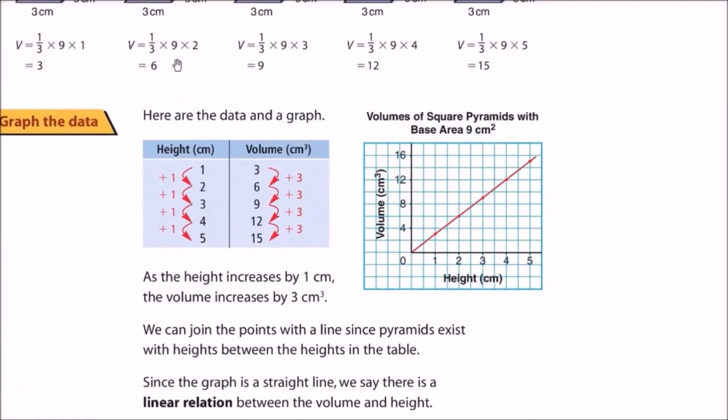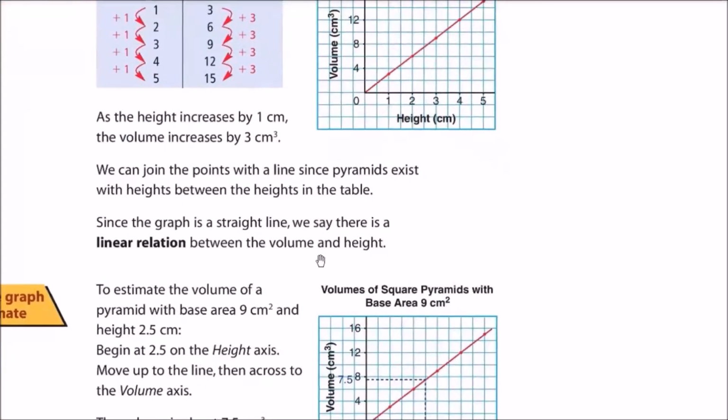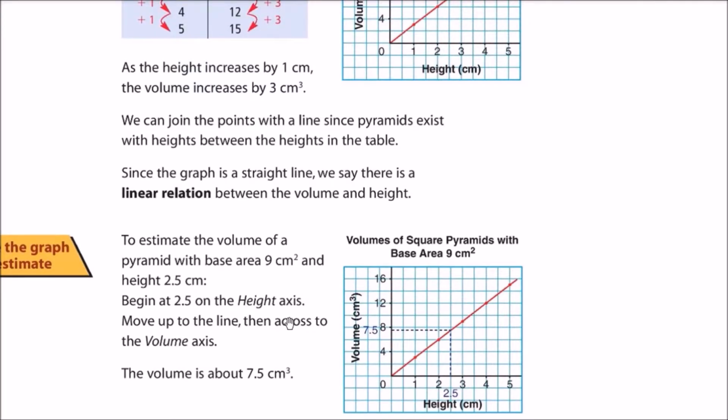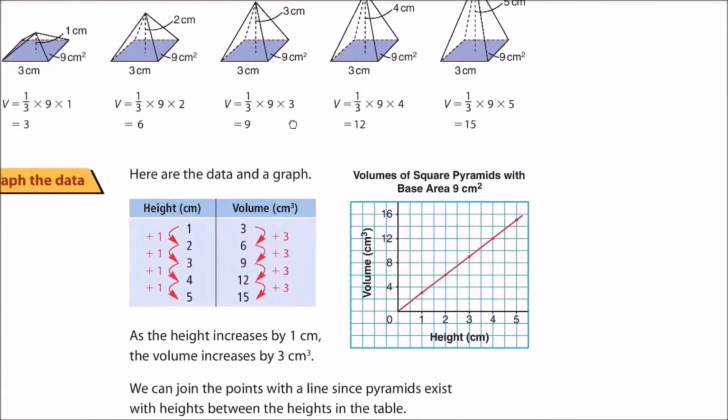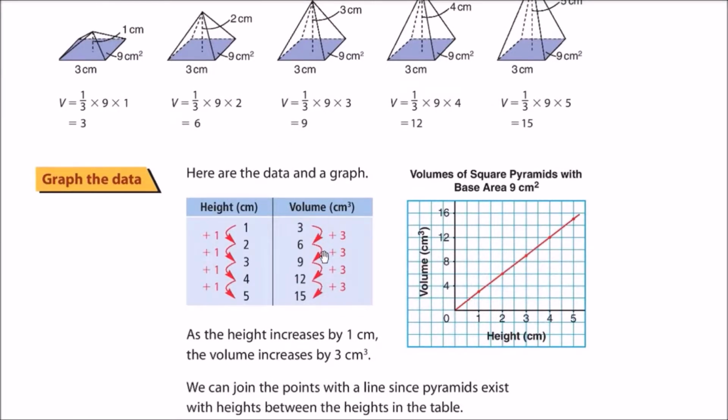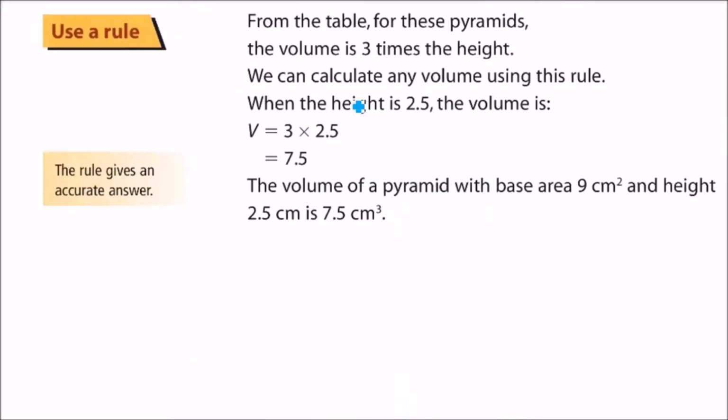See, the 7.5 is between 6 and 9, and this is showing the volume of the pyramid when the height is 2.5, which is not shown in this table, but we can find it out always.